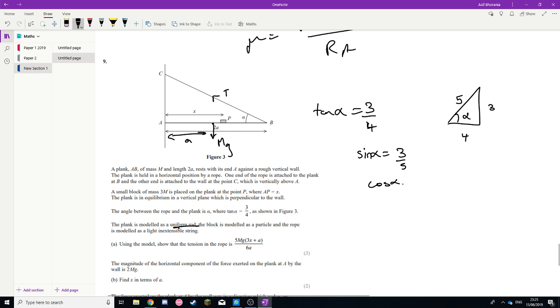Cos alpha is equal to 4 over 5. There's a reaction force R. There's a mu R here, a frictional force mu R, because it's rough. The tension in the rope is 5mg(3x plus a) over 6a.